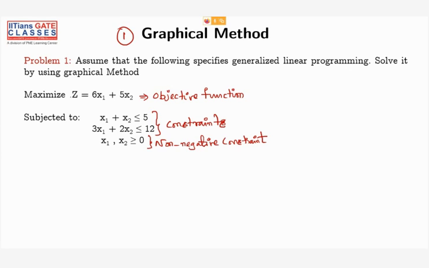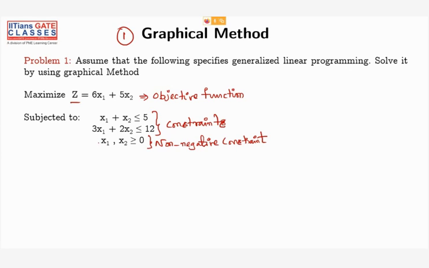I want to maximize this z subject to these constraints. The last one is always considered a non-negative constraint, because you can see both values should be either 0 or more than 0.